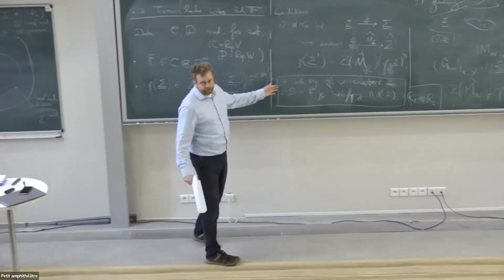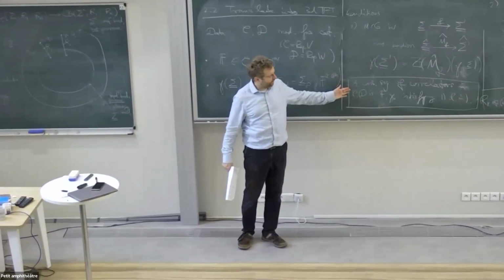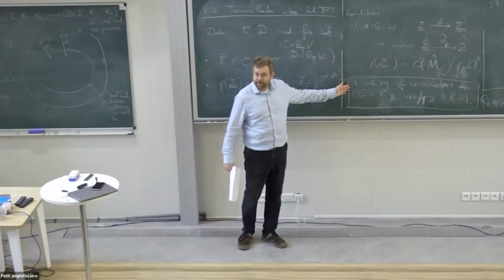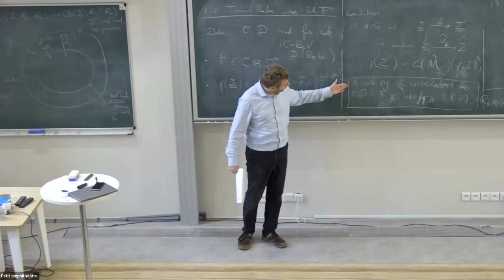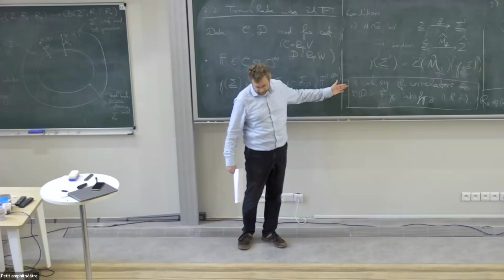And so that's my translation of writing single-valued correlation functions in CFT consistent with sewing as a TFT problem. And then what we will do tomorrow is to write solutions to this TFT problem, also with the help of 3D.